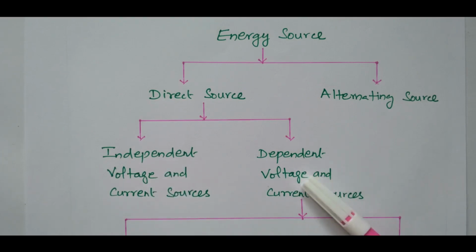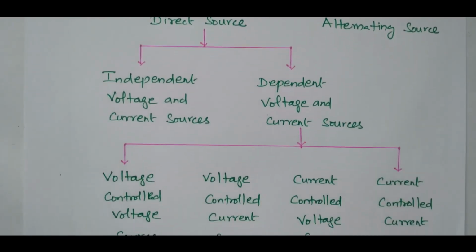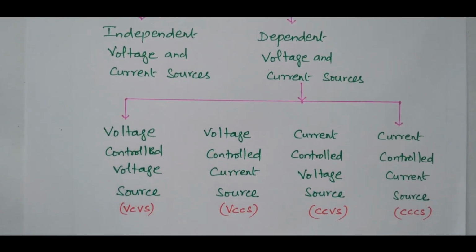Similarly, dependent. In this dependent, again, there are four types available. Voltage controlled voltage source: this is a voltage source, but it is controlled by voltage. Voltage controlled current source: that's a current source, but it is controlled by voltage.